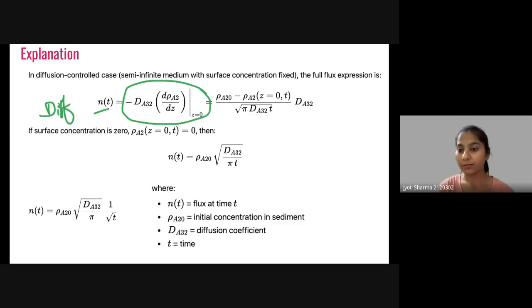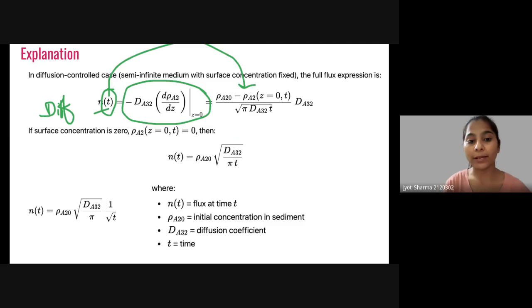This is your flux, minus D_A32 times dρ_A2/dz, where z is equal to 0. Initially it is your flux, but as I told you, this is a function of time. Now what we are putting is, flux is a function of time, and if it is a function of time, then this will be your term.